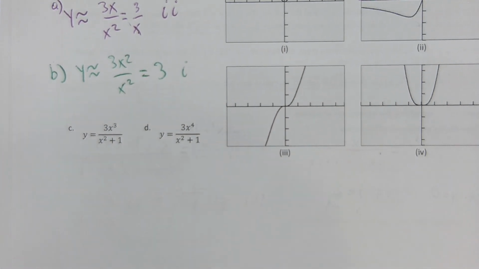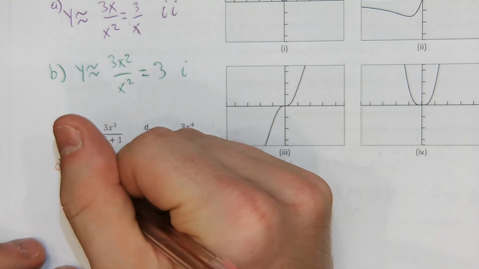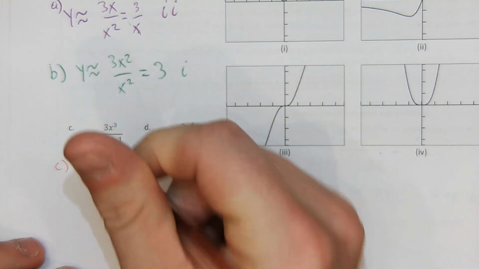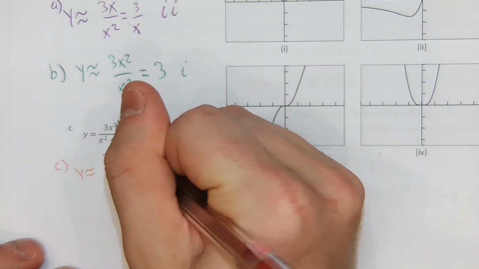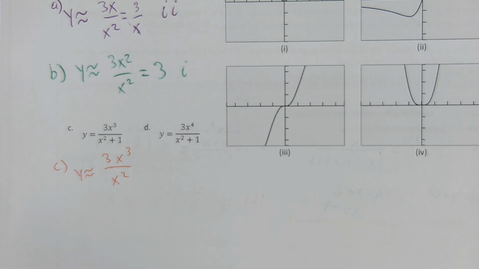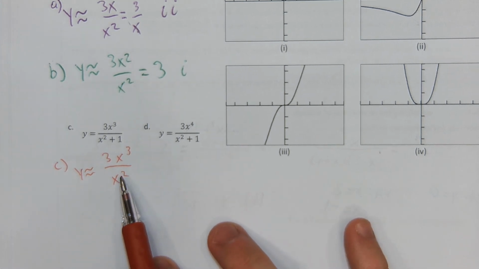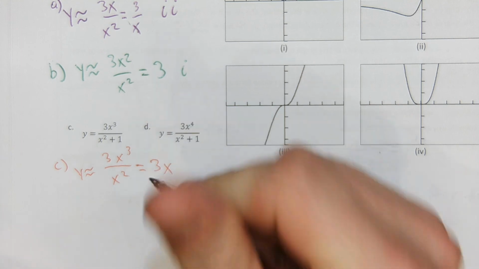Moving on to part C. We'll do that one in red. Same trick. At the infinities, adding one more down here really doesn't mean much at all. There are more x's on the top than there are on the bottom, specifically one more, so this will simplify to exactly 3x.